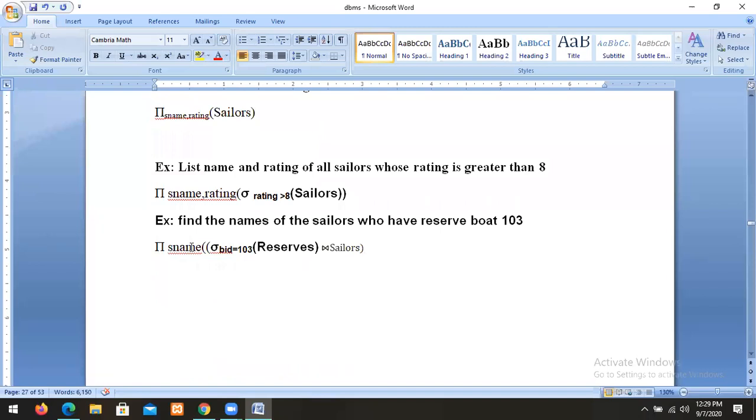Boat ID equal to 1 or 3, a selection, in the reserves table. This table is joined with sellers. Whenever I join with another table, only the matching rows will be selected, that is, whenever SID is equal to the other SID. This is the way to get the details.